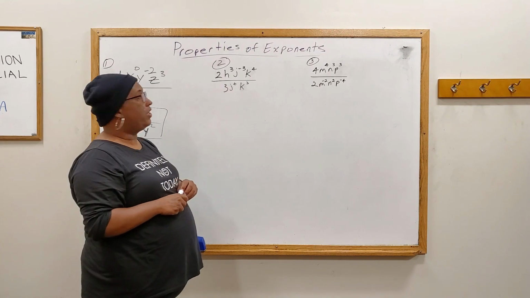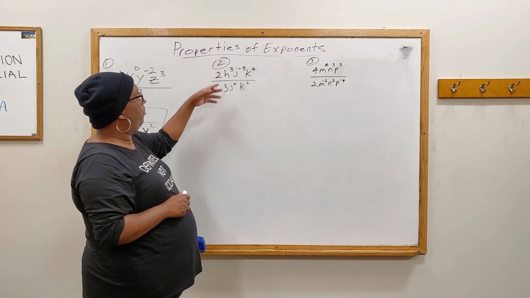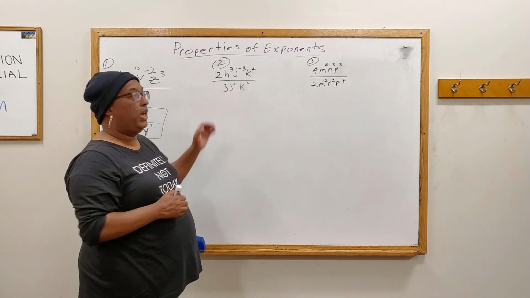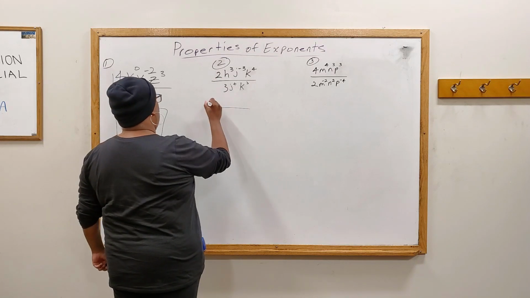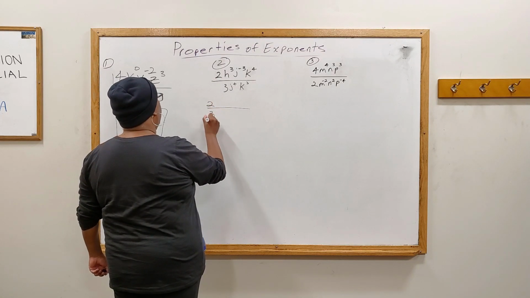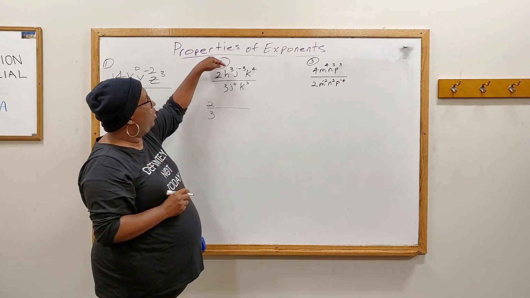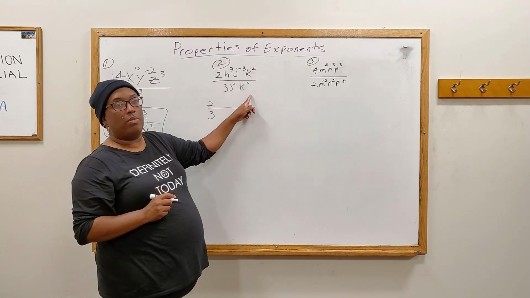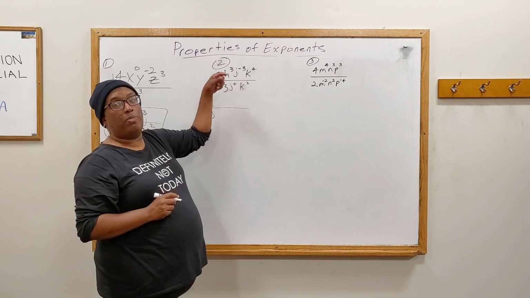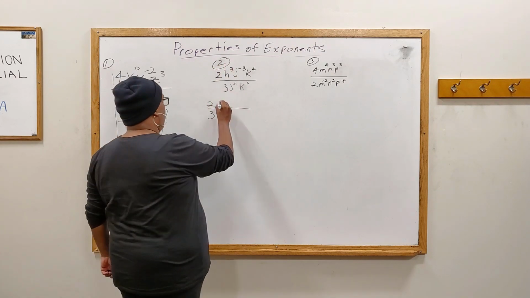Now we're going to try example number 2. Again, looking at the coefficients, 2 and 3, nothing we can do there, so we keep them. 2 and 3, and now h cubed, we have no h's on the bottom, so the h cubed just stays where it is.